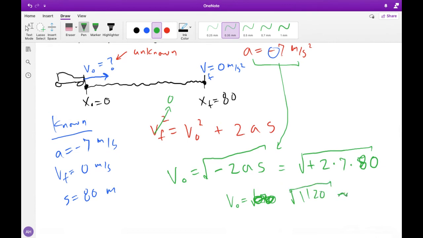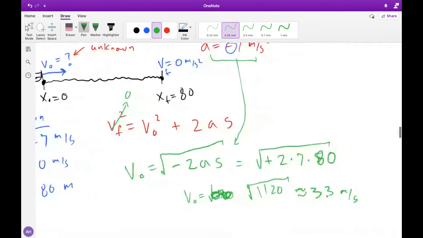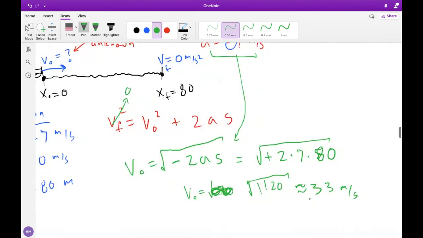The square root of that is roughly 33 meters per second. So the initial velocity must have been about 33 meters per second.